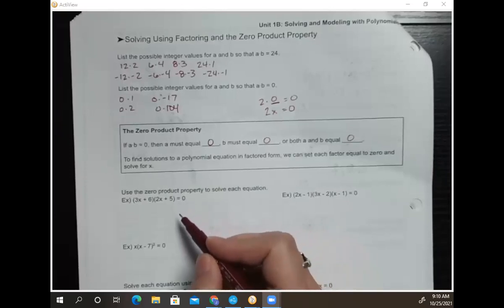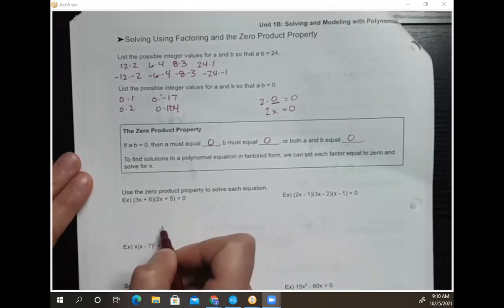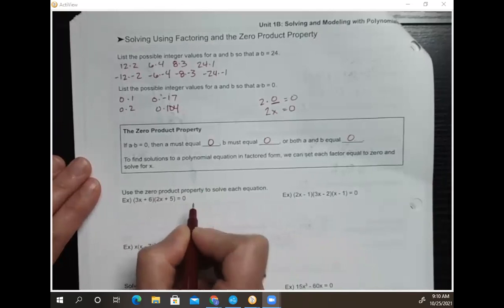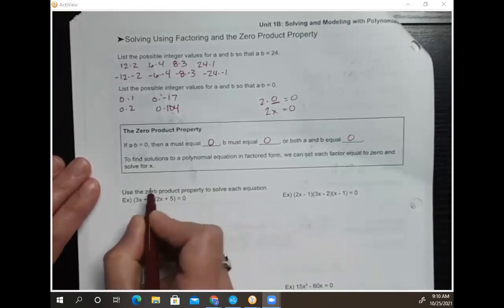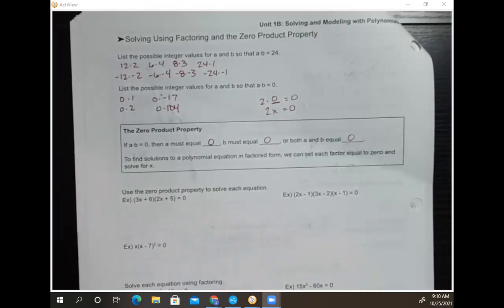So if I jump down to my problems here, I've already got factored form for this first example. And what I'm seeing is this times this equals 0. Well, that means either this part is 0 or this part is 0. So what we're going to do is find the x's that would make each of these 0, okay? This is just like when we were looking for x-intercepts by factoring, okay?